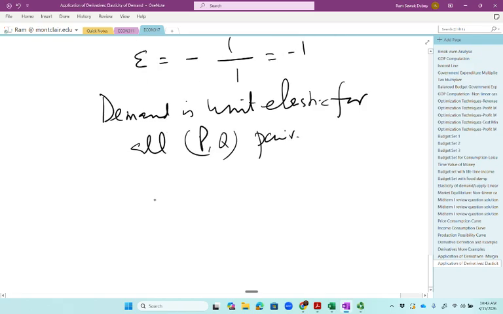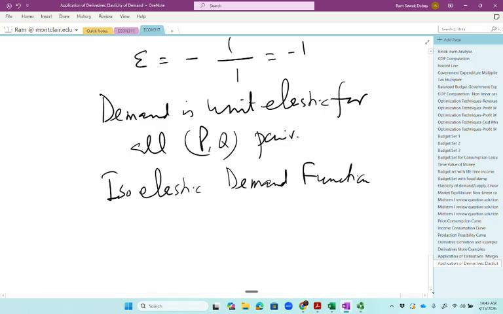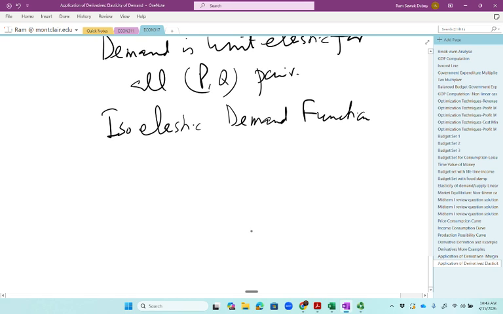This class of demand functions are called isoelastic demand functions, where elasticity is constant, independent of what price and quantity pair we choose on the demand function.